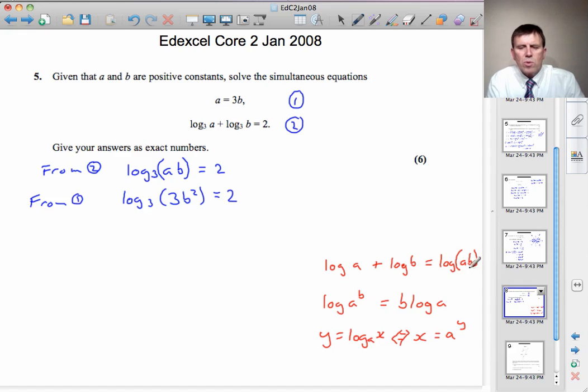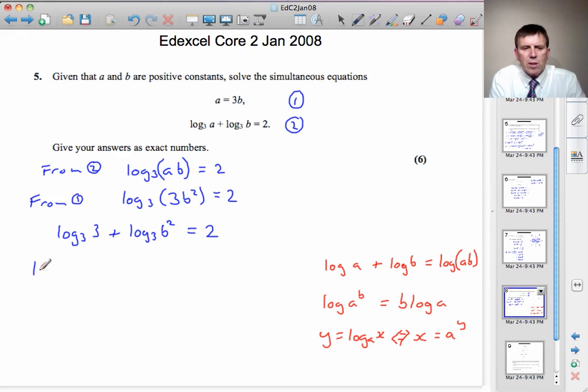Now I'm going to use this rule in reverse. I'm going to use it to split the 3 and the b squared. So I can say the log to the base 3 of 3 plus the log to the base 3 of b squared is equal to 2. And I'll use this second relationship here to say that log of b squared is the same as 2 log b.